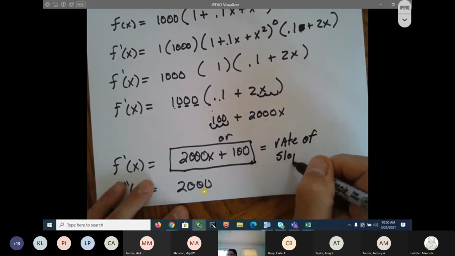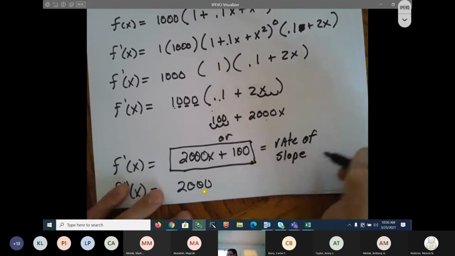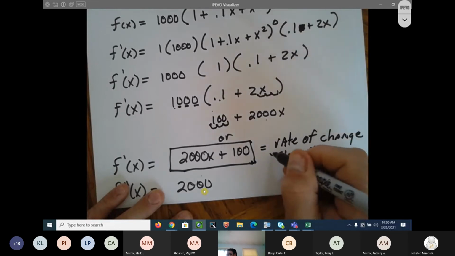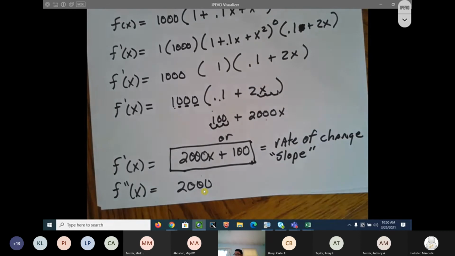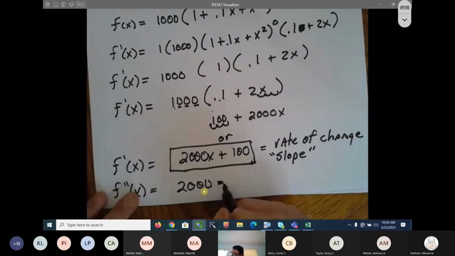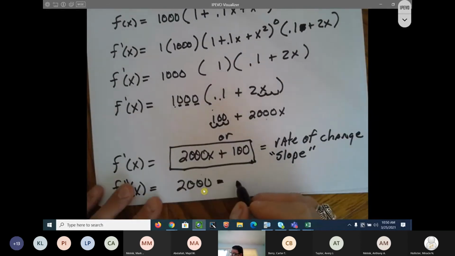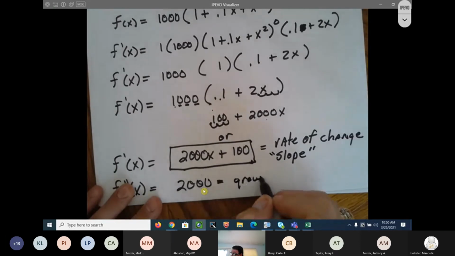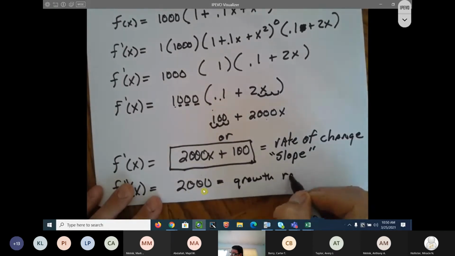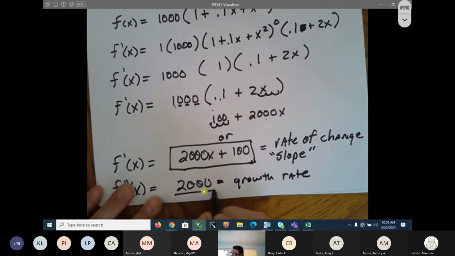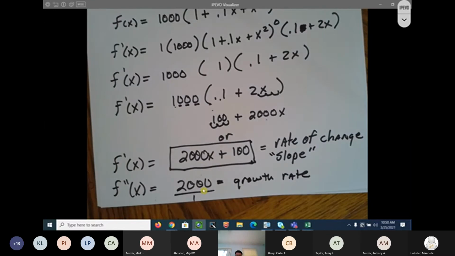What's a simple word? Well, I just wrote it. Sorry. Rate of change is a 25-cent word for what? Slope. And the second derivative is always equal to your growth rate. So that means 2,000 over 1, which is 2,000.